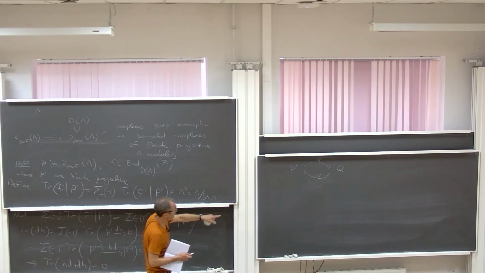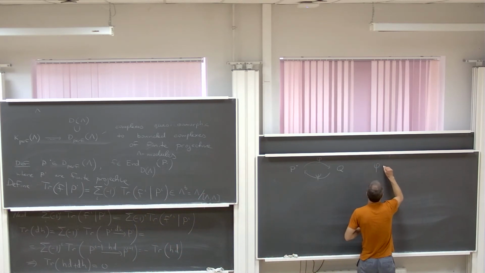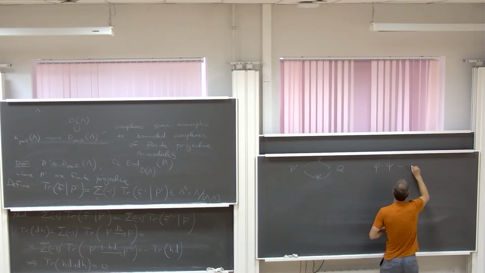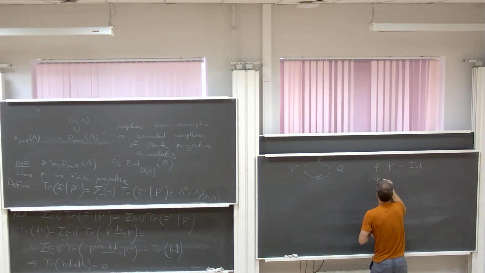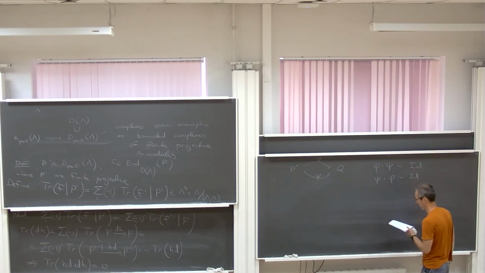Which means that phi composed with psi is homotopy equivalent to the identity, as well as psi composed with phi is homotopy equivalent to identity. Right?